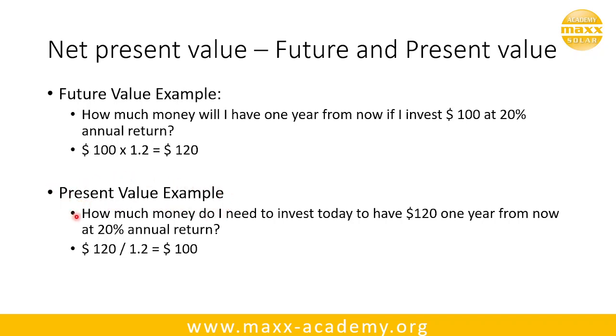We can ask, how much money do I need to invest today to have $120 1 year from now at 20% annual return? Then we just take $120, divide it by 1.2, and we get 100. So this one is from left to right, and this one is from right to left. You can also see it that way.